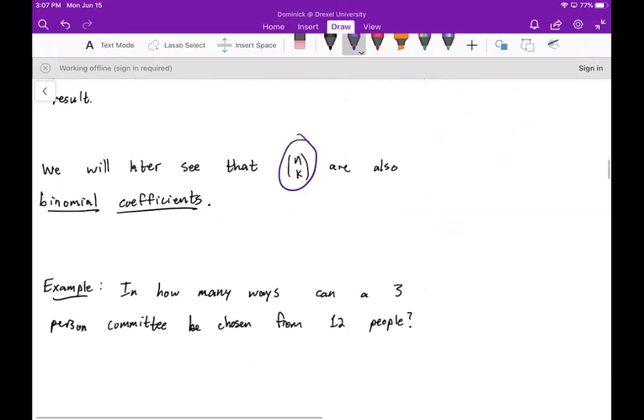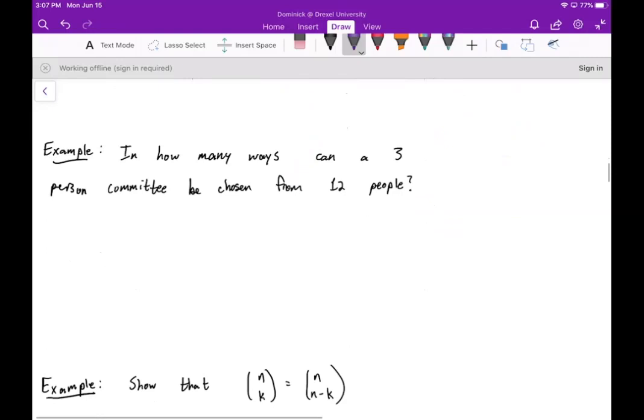coefficients. All right, now to see an example of these combinations: in how many ways can a 3-person committee be chosen from 12 people? Well, since the order does not matter for a committee, this is just 12 choose 3, which will come out to be 12 factorial over 3 factorial times 9 factorial.